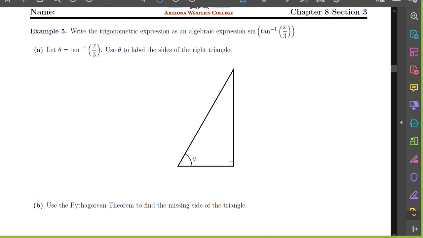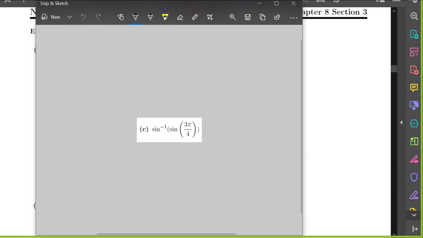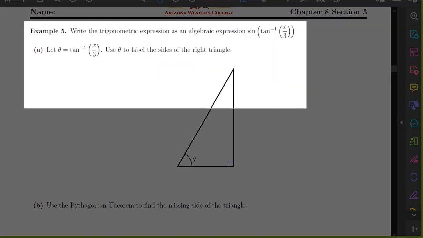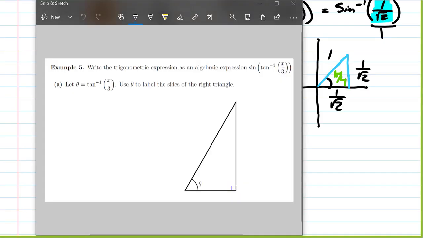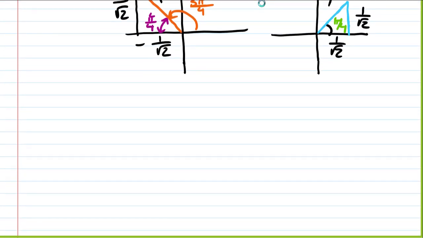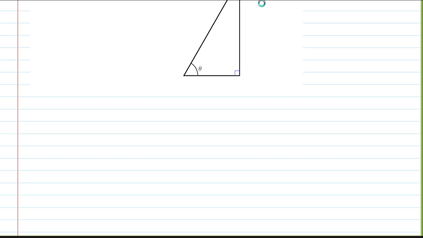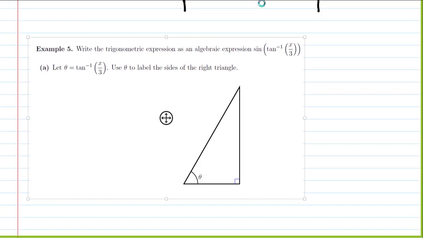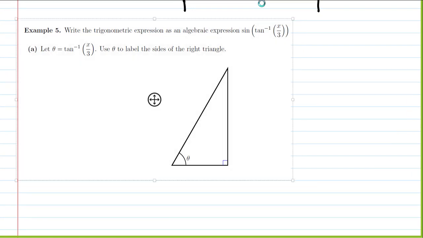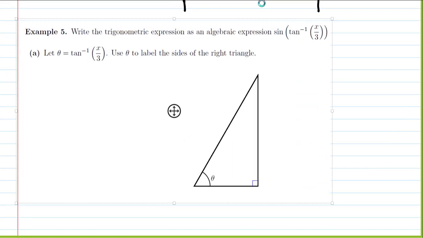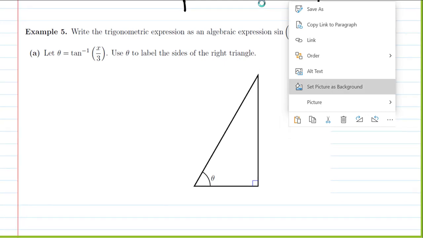All right. So we want to write the trigonometric function as an algebraic expression. So the idea is if we have an inverse trigonometric function inside another trig function, we recall that the input to a trig function is an angle, right?